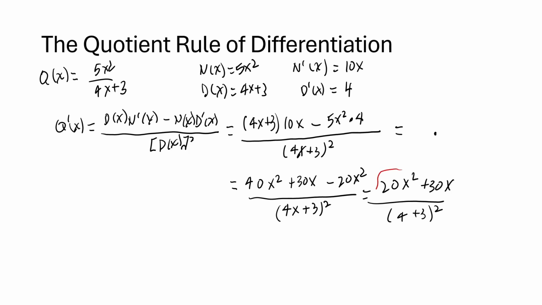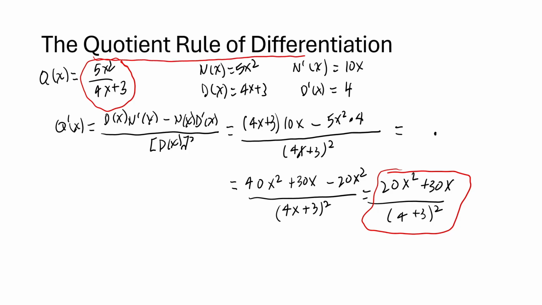We could probably reduce that a little further, but that's probably about the simplest terms. And so that's going to be the derivative of this function right here using the quotient rule, and this formula that we developed just a while ago.